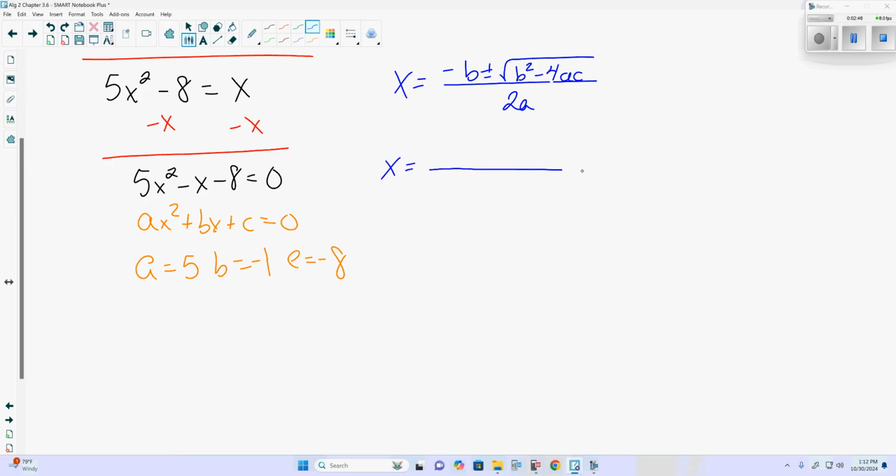Now at this point we can plug in our values. Our value b is -1, plus or minus the square root of -1 squared minus 4 times our a value, which is 5, times c, which is -8, all over 2a, which would be 2 times 5.